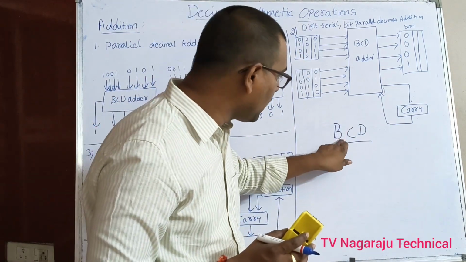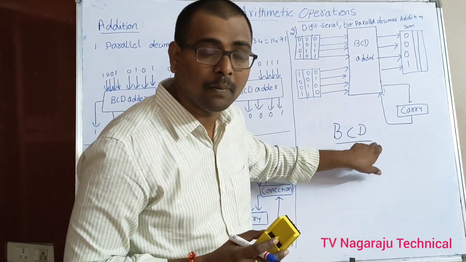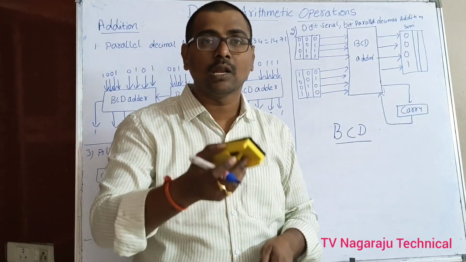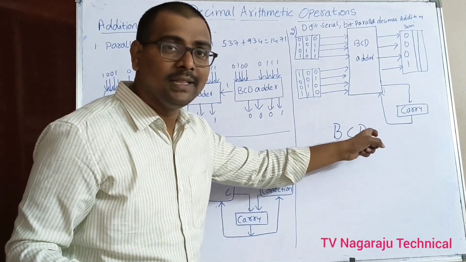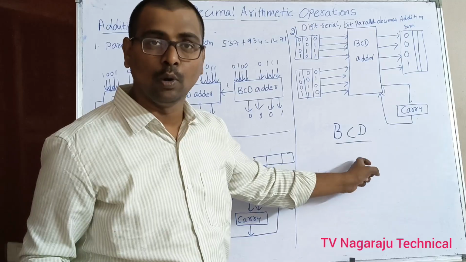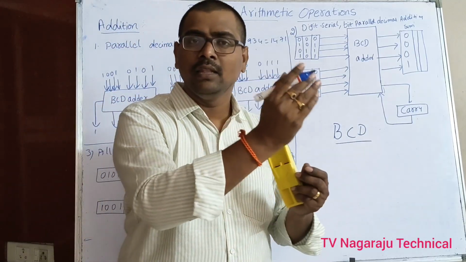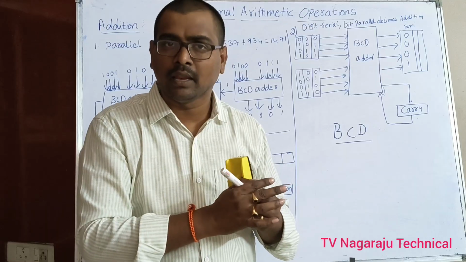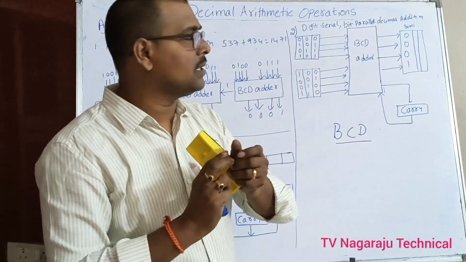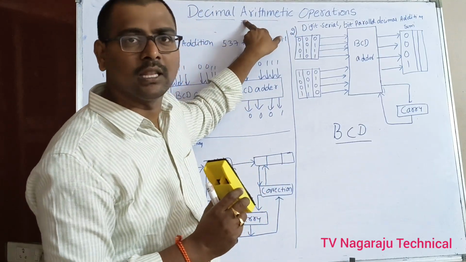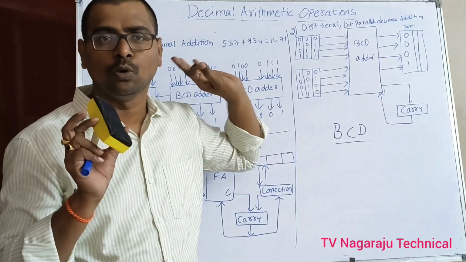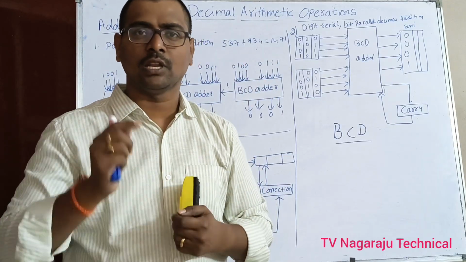BCD in the sense binary coded decimal format, and the operations are performed by using this BCD format only. Remember, okay? Now, whatever the algorithms that we discussed for the binary, the same algorithms are used for decimal arithmetic operations also with a little modification.